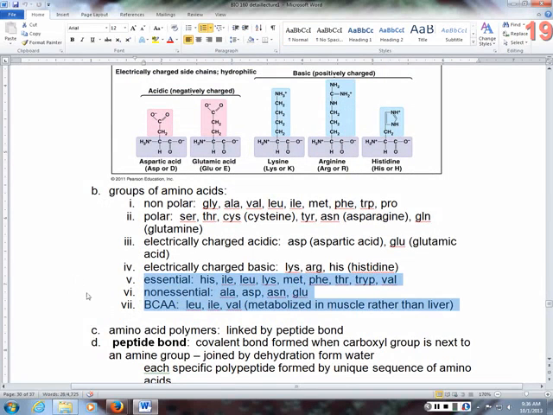The essential amino acids are ones that you have to consume through food. And the non-essential are ones that your body can make from other amino acids.